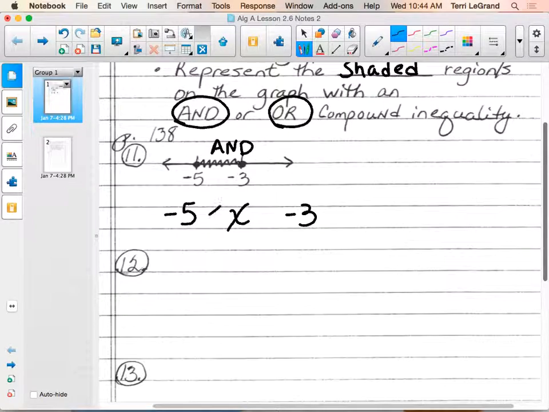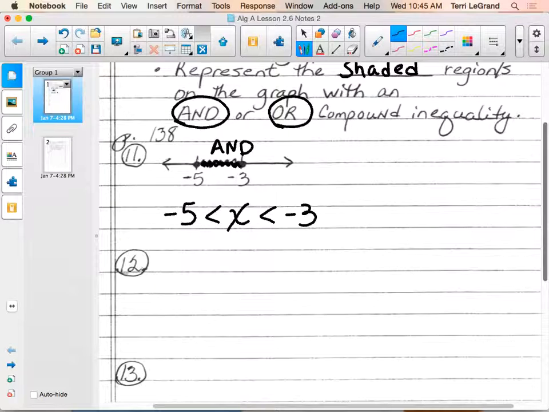Reading it from the inside out, here's what it says: x is greater than -5. Are the shaded numbers in between greater than -5? Yes. And x is less than -3. Are those numbers shaded less than -3?